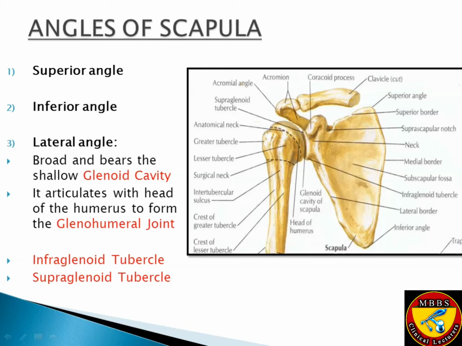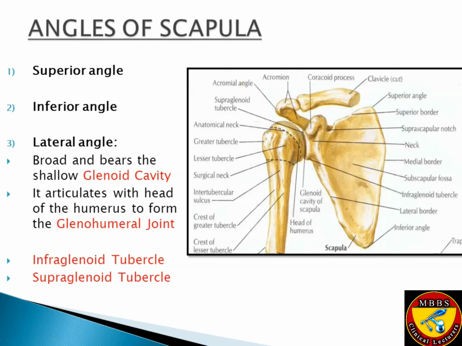So you have to remember that scapula has three angles: superior angle, inferior angle, and a lateral angle. The lateral angle bears a cavity which is called the glenoid cavity, which articulates with the head of the humerus to form the glenohumeral joint.